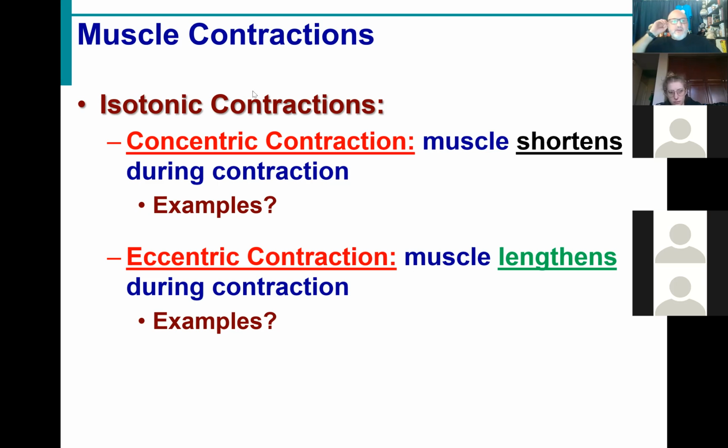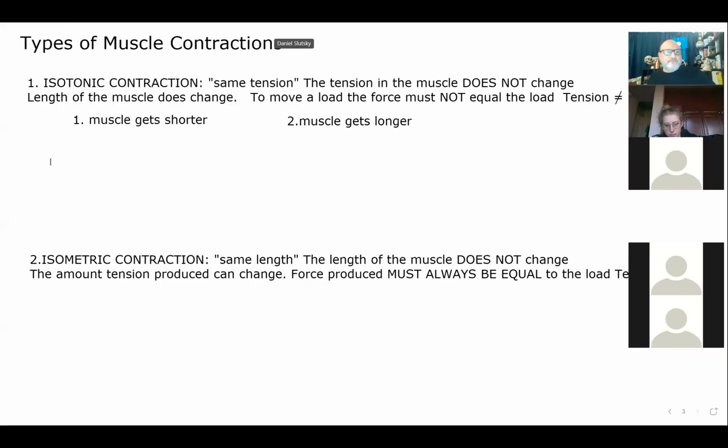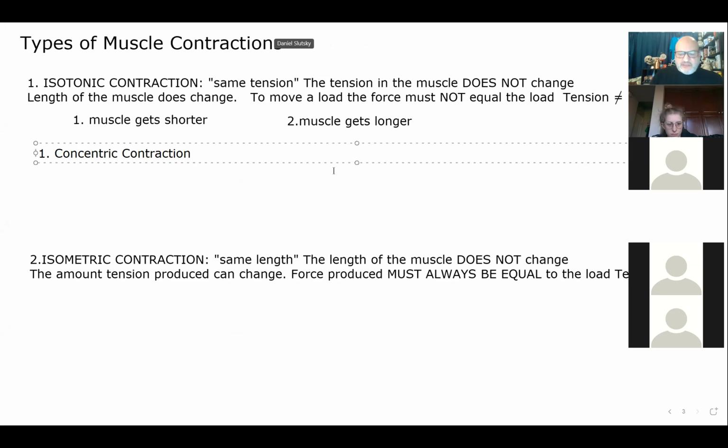So let's go back to our whiteboard and think about this. Concentric contractions are the ones where the muscle gets shorter while contracting.